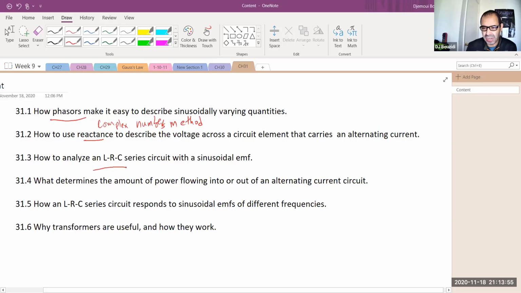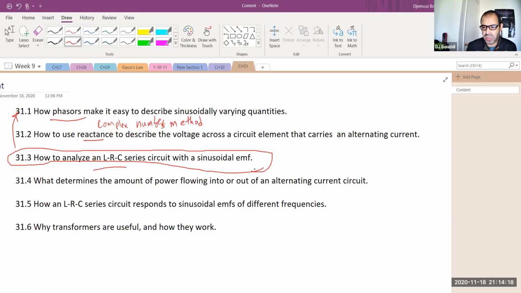Then we're going to go through the LRC circuit. Here is where I'm going to start. I'm going to start from this point and build the method here, and go back into the idea first, because that's the more natural way to start, since we will find that we have a very hard problem to solve. So we use a geometrical method to work around it and find the solution.